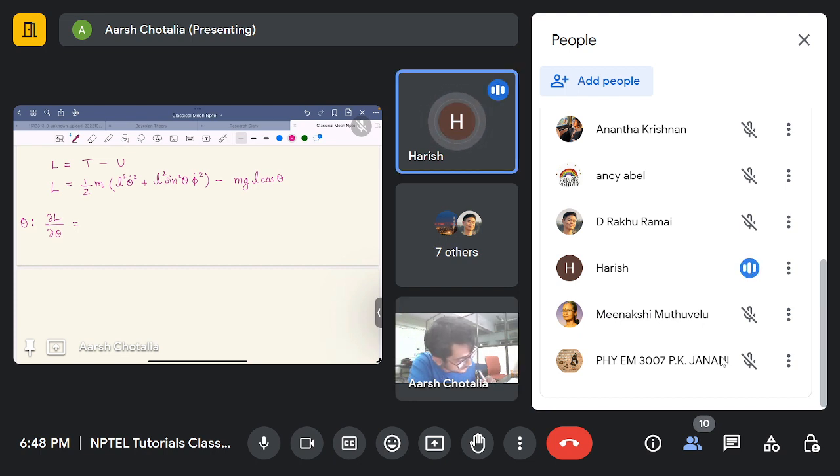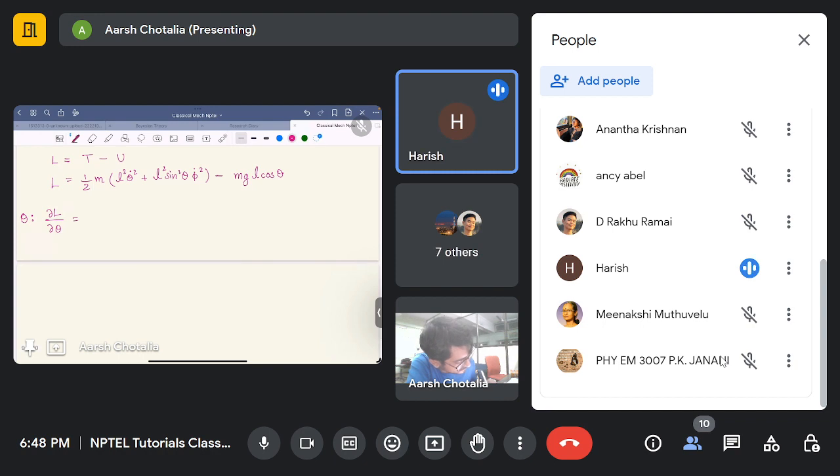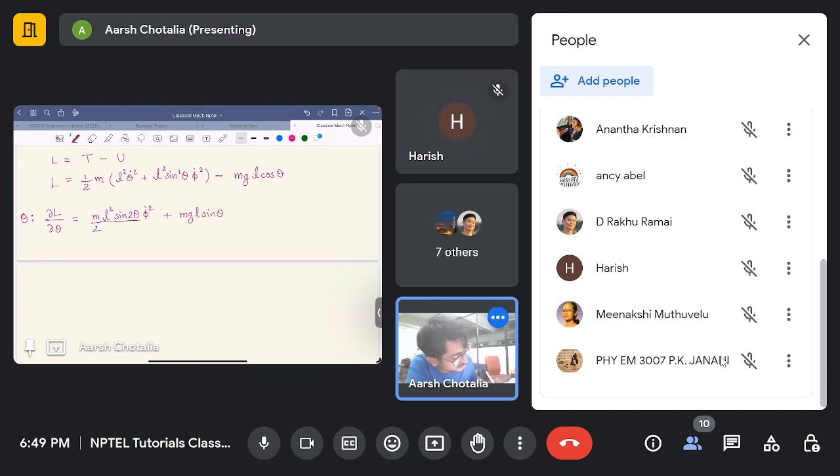L squared sine 2 theta phi dot squared into m by 2, plus mgL sine theta, right? So the derivative of sine squared theta is 2 sine theta cos theta, that is sine 2 theta, as Harish pointed out.